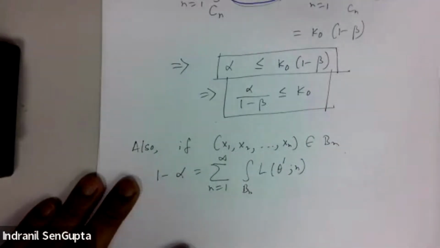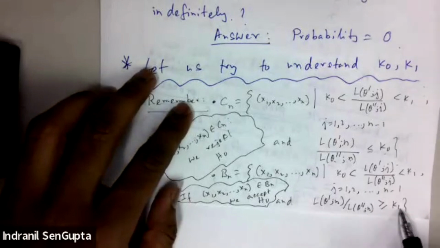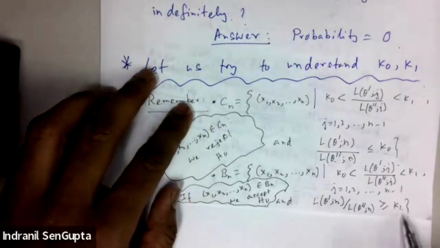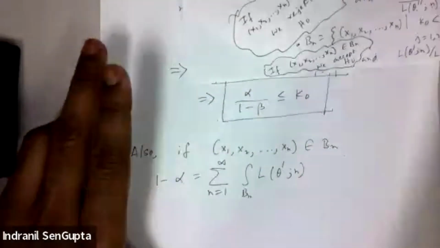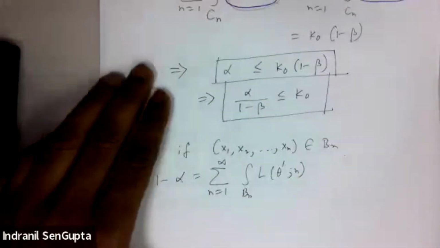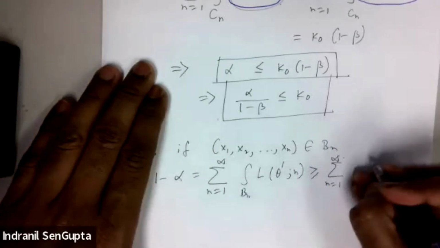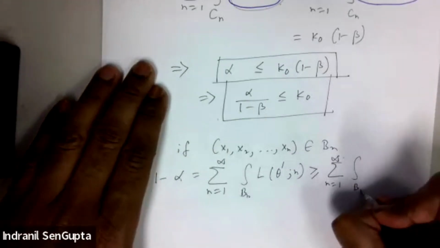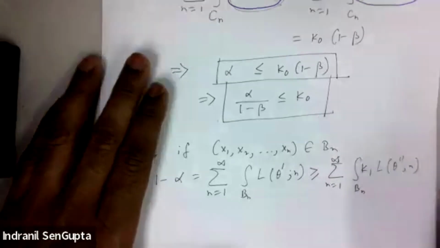Now, on the set Bn, we have again this inequality. So on Bn, L of theta prime is bigger than or equal to k1 times L of theta double prime n, right? So if I use that relation, what I have is it's bigger than or equal to summation n from 1 to infinity, integral over Bn of k1 L of theta double prime n.